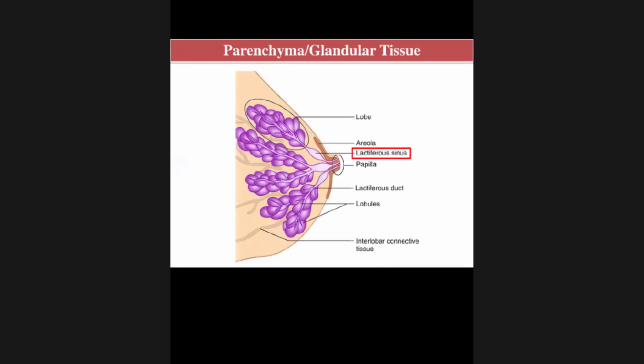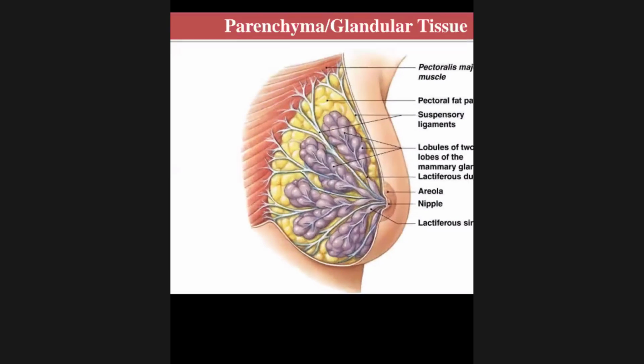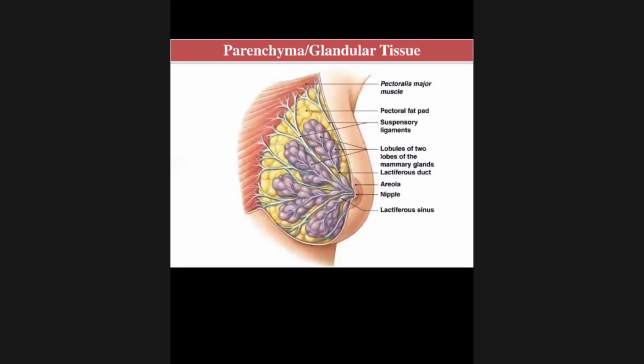So this is about the parenchyma or glandular tissue. Another picture we can see here. There are lobules, and in the lobules there are acini. Mainly the acini is the secretory portion which secretes the milk, and that milk is drained by the lactiferous duct.